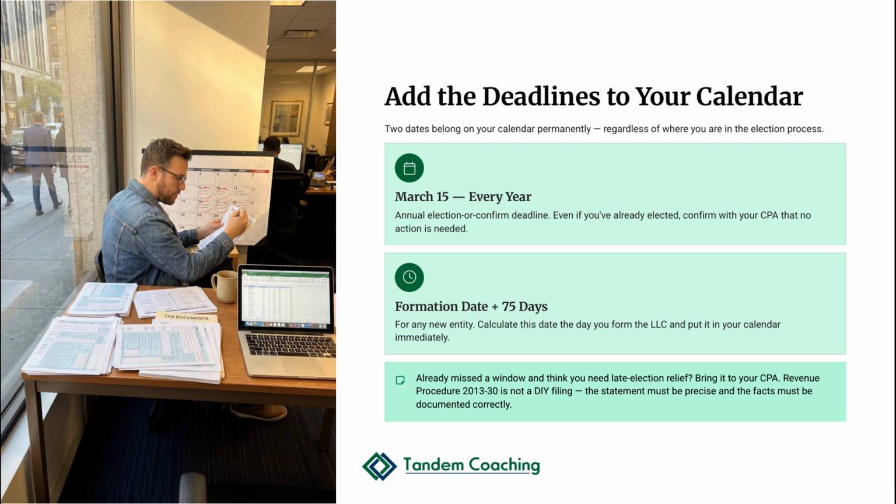Missing March 15th in particular is the most common election timing failure because the date is in the middle of tax season when everyone is heads down on prior year work and the next year election timing slips off the radar. Already missed a window? Bring the situation to your CPA. The Revenue Procedure 2013-30 path exists for that case but isn't a self-service process, and the reasonable cost statement has specific required elements the IRS evaluates the relief request on.